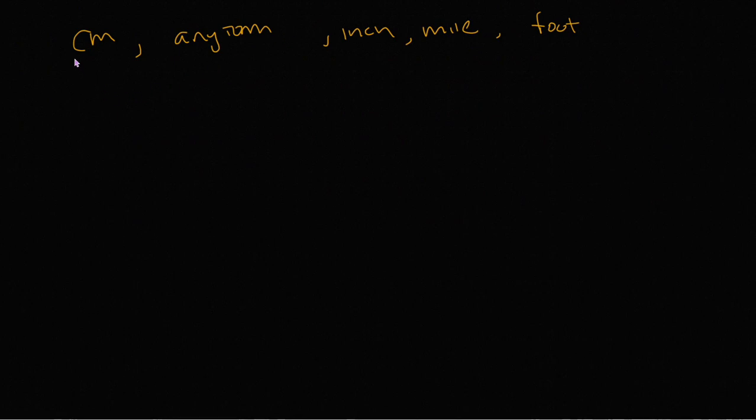Centimeter is part of the MKS, inch is part of the FPS, foot is part of the FPS. Angstrom is derived from the MKS, and mile is a part of the FPS.